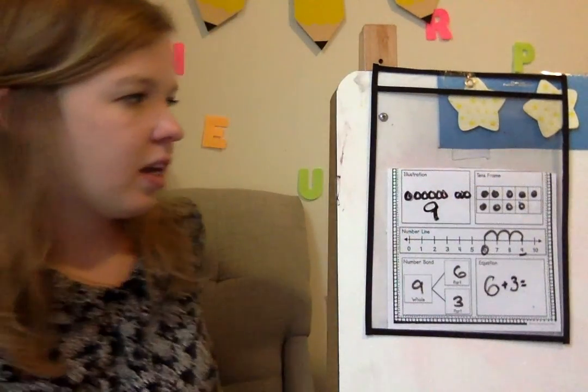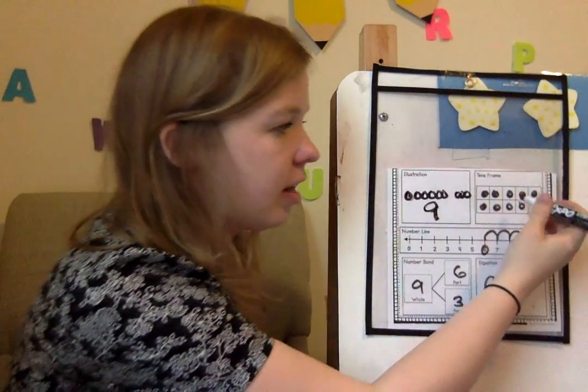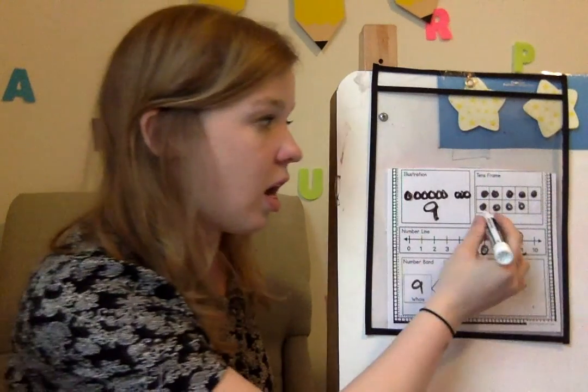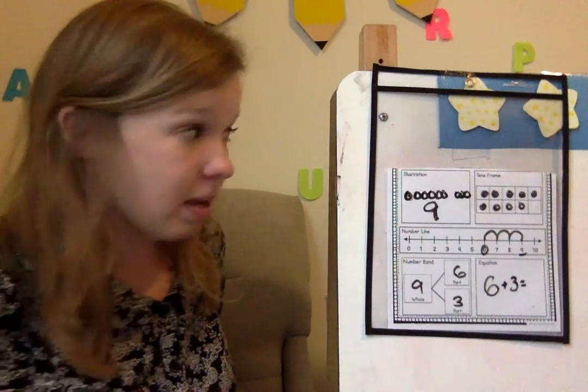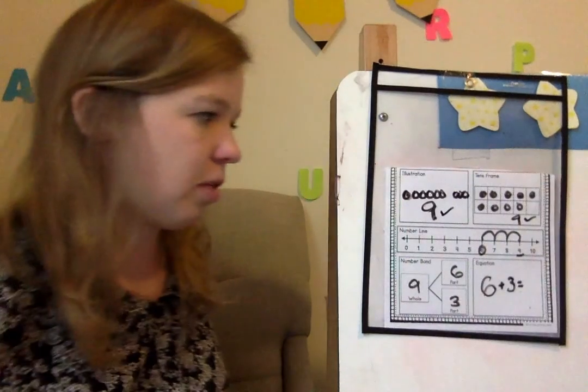Next strategy was tens frame. I colored in the first 6, 5, 6, and then I added 3 more not colored in. 1, 2, 3. And I ended up with the same answer, which was 9. So I can put a check because I got the same answer both of those places.